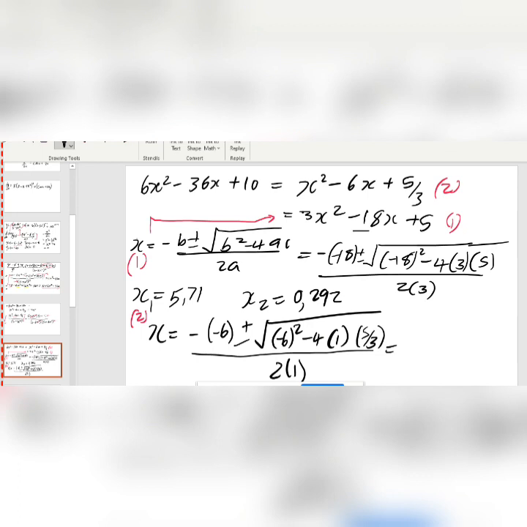If you punch this on the calculator, I think it should give you the same answer. Root of 6 squared minus 4 multiplied by 1 multiplied by 5 over 3, and then divide by 2. Yeah, you get the same answer. Did you see that?